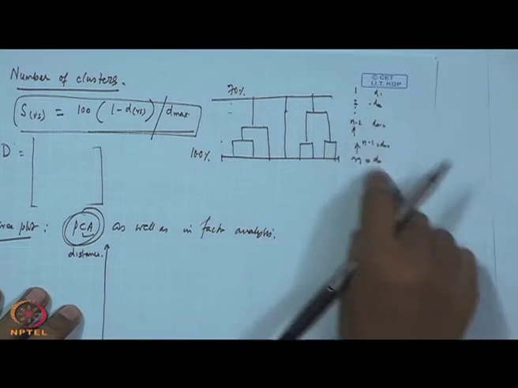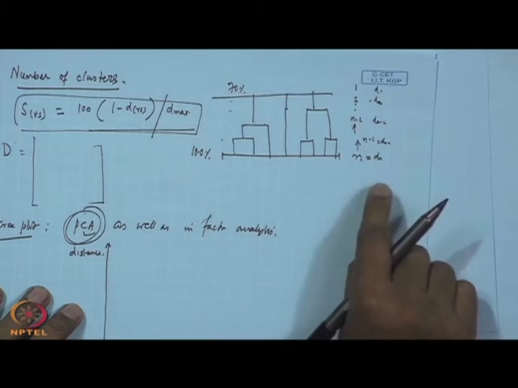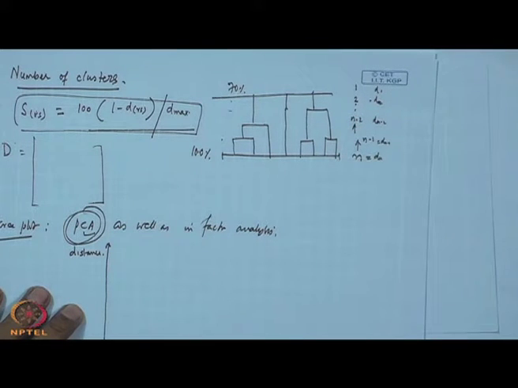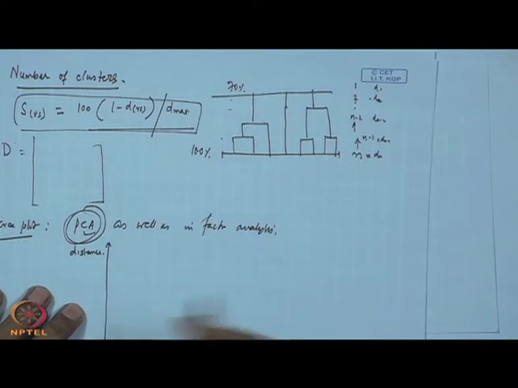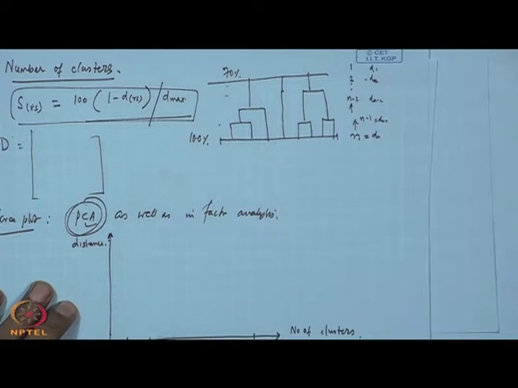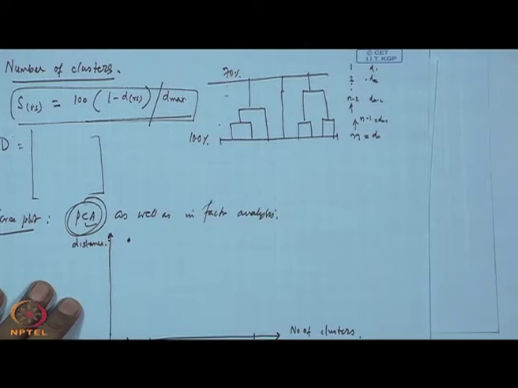Now, what will be this distance? It all depends on which linkage method you are using. If you use single linkage, that means the minimum distance amongst the members of the groups. If you use complete, that is the farthest linkage, that will come on this side. When there is one cluster, definitely this.